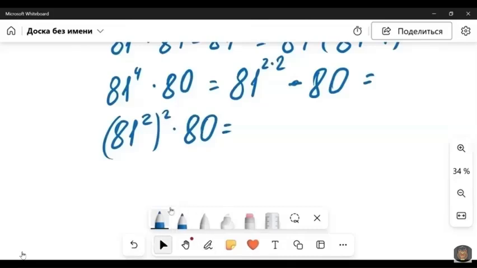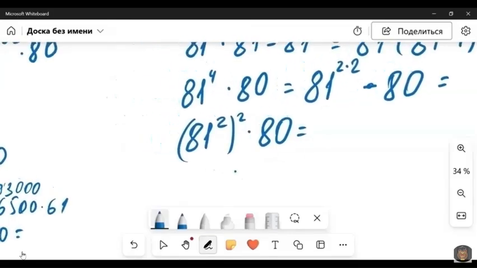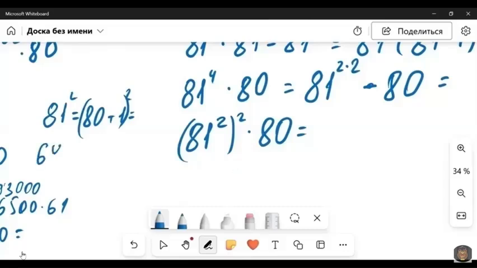Then there's nothing special, 81 squared. 81 is equal to 80 plus 1, squared. The square of 80, plus the double product of 80 by 1, which is 160, plus 1.